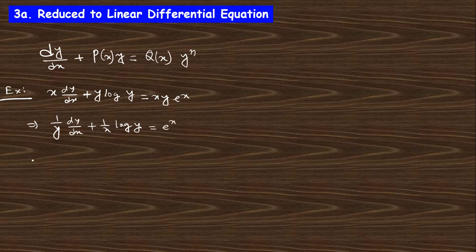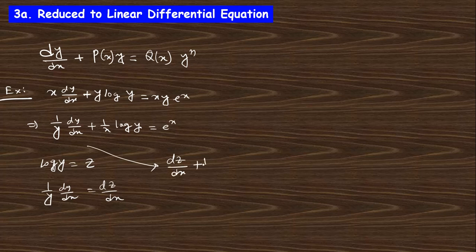If you put log y equals z, then 1 by y dy/dx is dz/dx. So this can be written as dz/dx plus 1 by x z equals e to the power x.